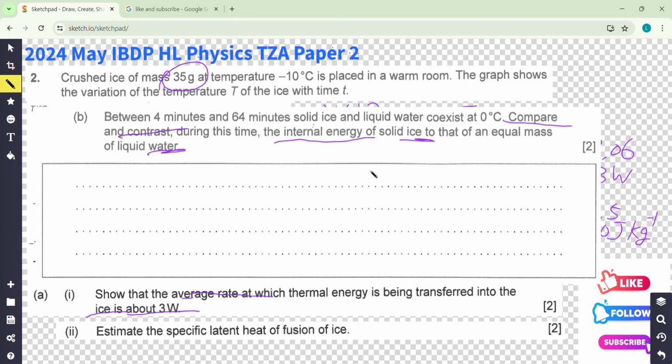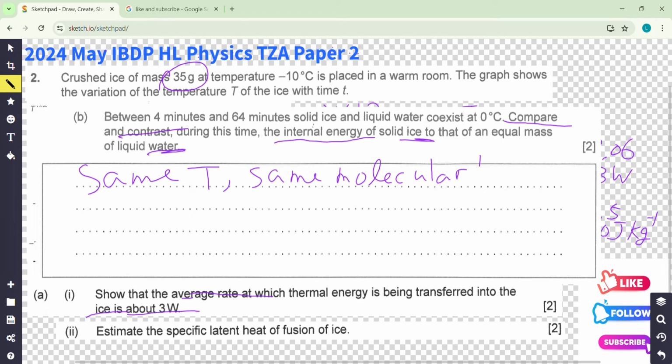So we talk about same temperature, ice and water. What is the difference or the same about their internal energy? So you say first the same temperature. So they have the same molecular, remember, say molecular KE or kinetic energy.